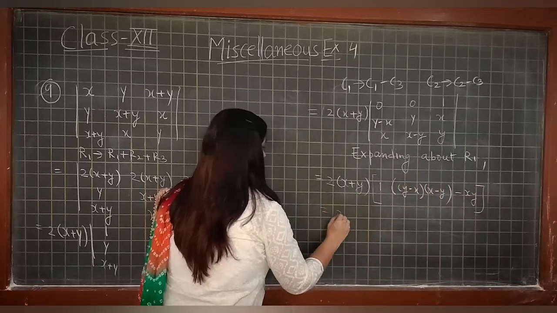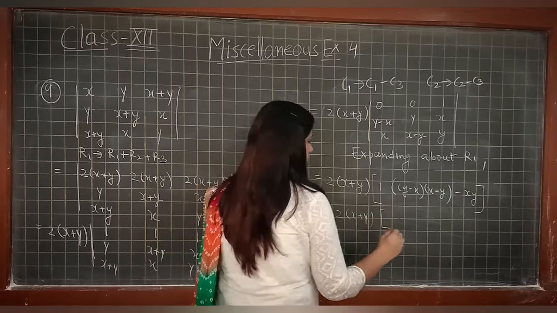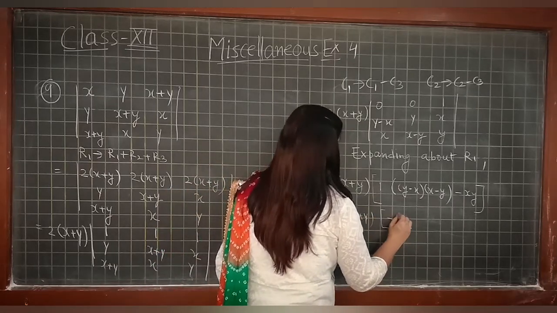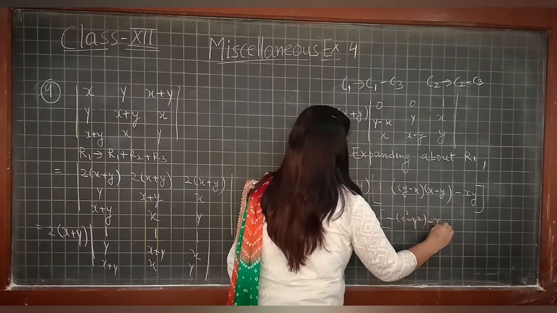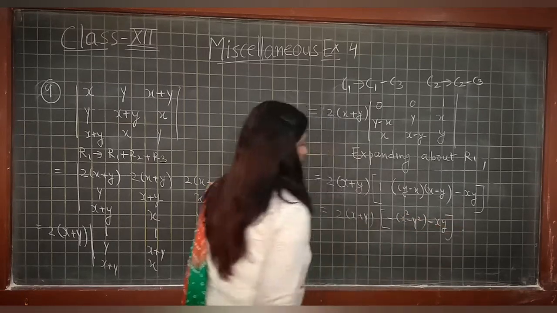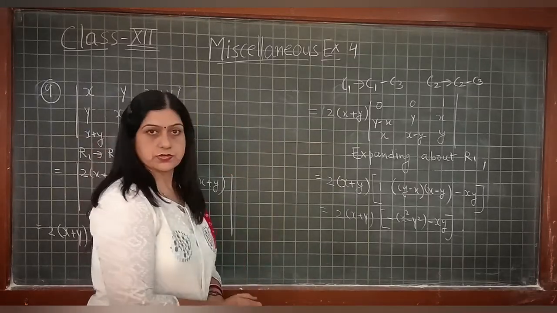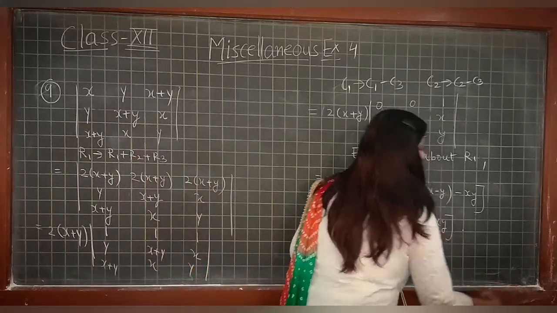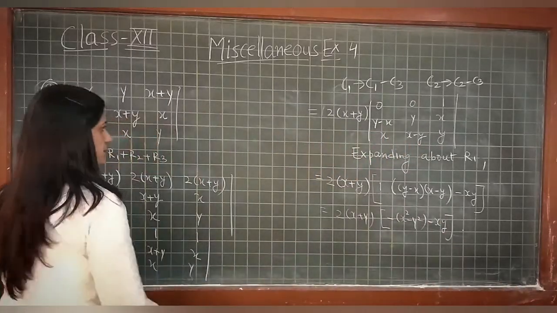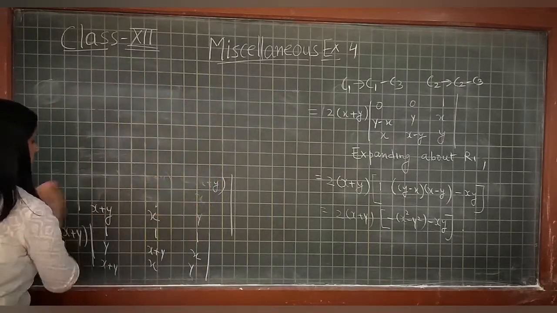Okay, so it is equal to twice of x plus y into minus of x square minus y square minus x square. Okay, so this is the final solution what you want. Or you can expand it further also to one more step. Okay, come to next question now.